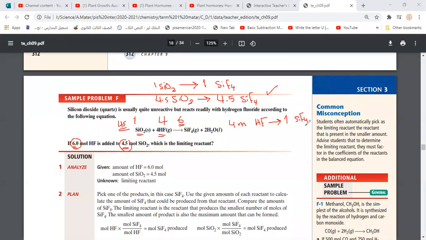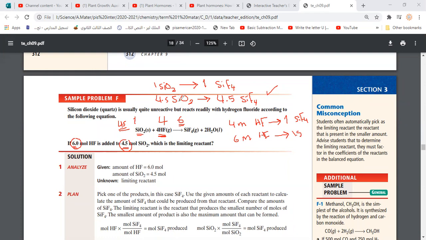Hassan, are you with me? One second. Okay, so we said that regarding the equation, 4 moles of hydrogen fluoride produce 1 mole of silicon fluoride. So regarding what is given, suppose that I have 6 moles. So 6 moles of HF are supposed to produce how many moles of silicon fluoride? 1.5, yes or no?